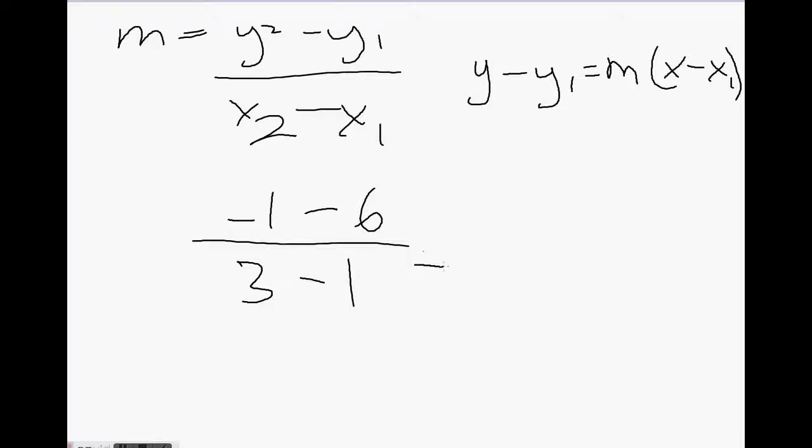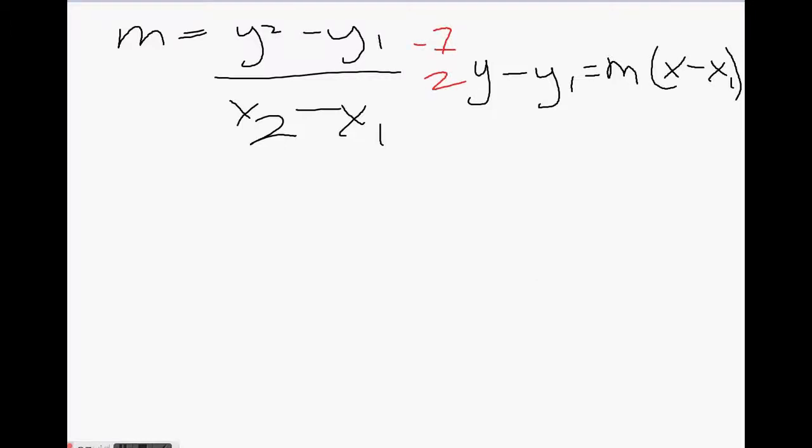So we have negative 7 over 3 minus 1, which is 2. So that is our slope, negative 7 over 2. We'll keep that in mind. I'll write that here: negative 7 over 2.